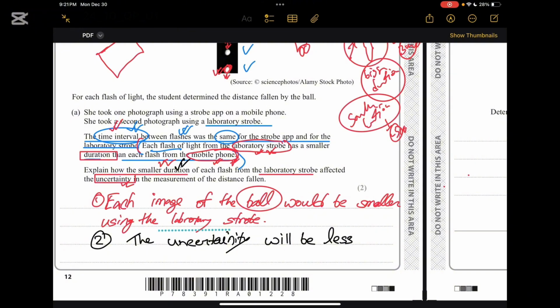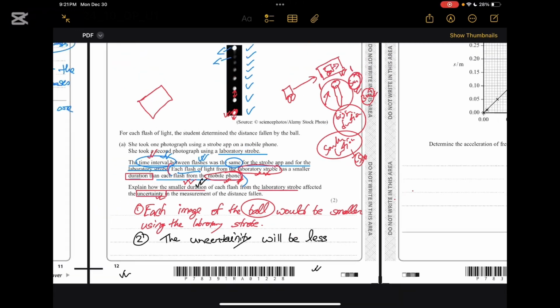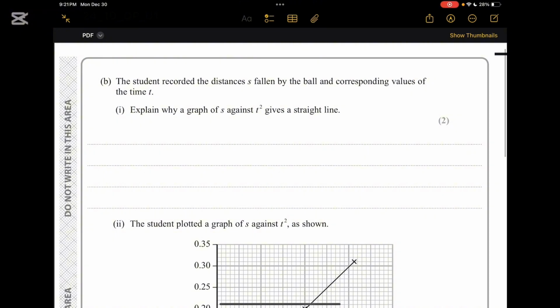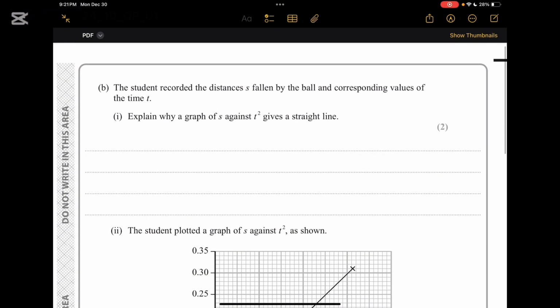Because the object's position is captured more precisely, as it has less time to move during the flash. So these are further explanations that I can provide. You can write those explanations in this part of your question paper, and you can also use those extra notes before revising for the exam.